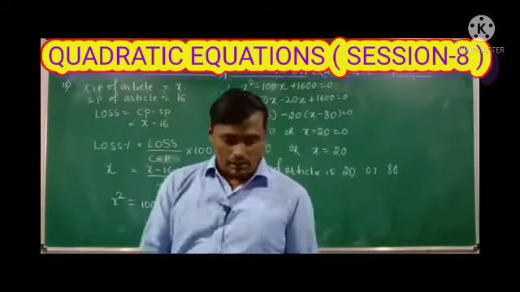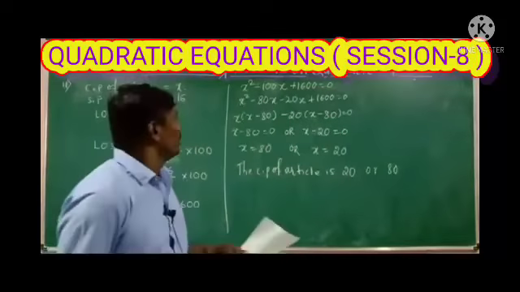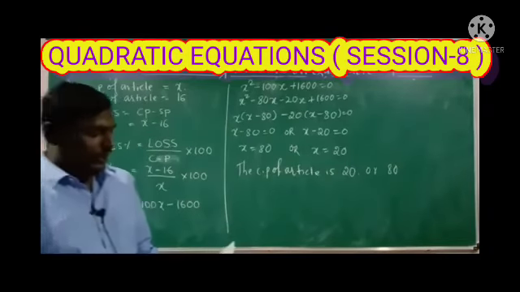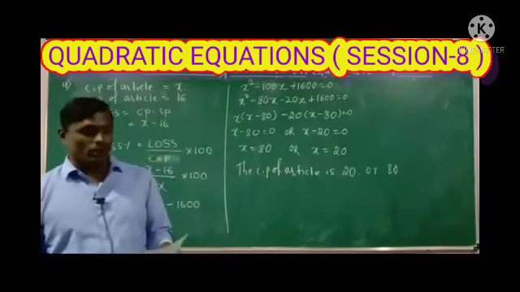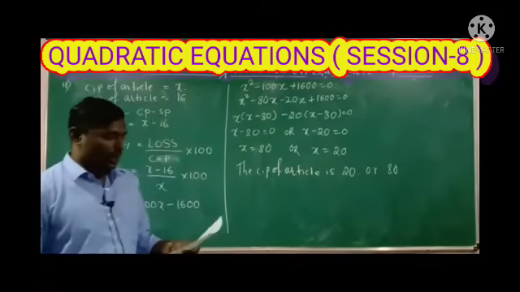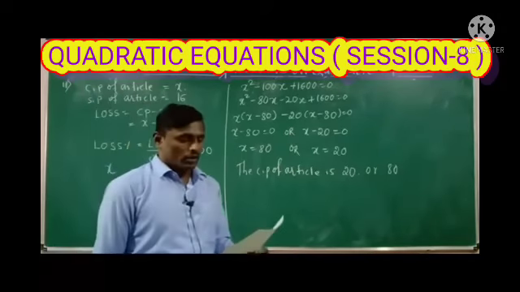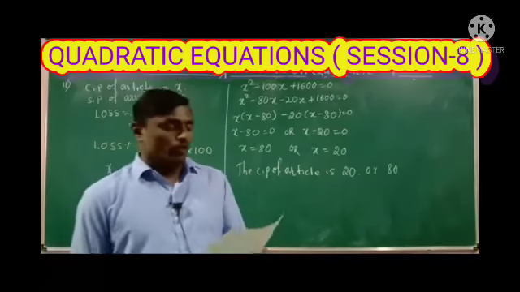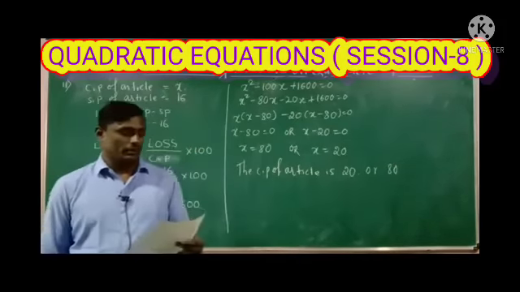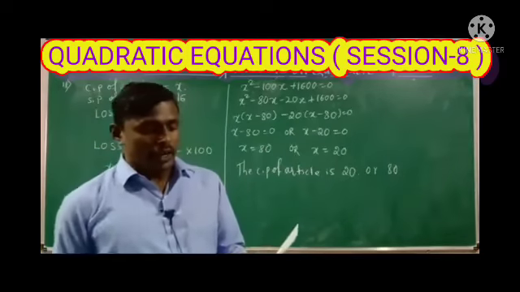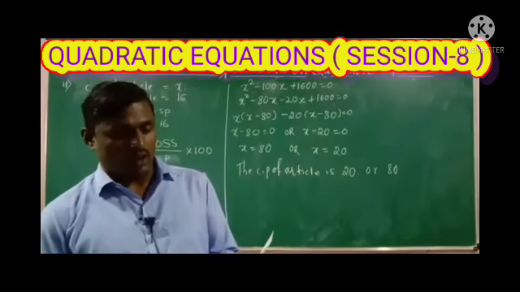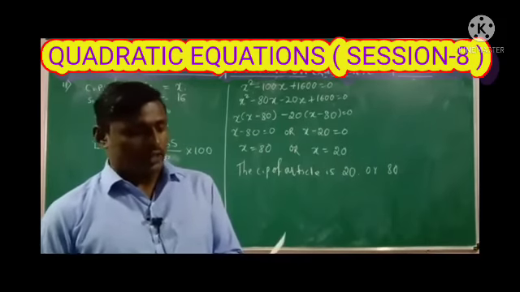Okay, see the next question, 12th one. A trader bought an article for rupees X and sold it for 52 rupees, thereby making a profit of X minus 10% on his outlay.